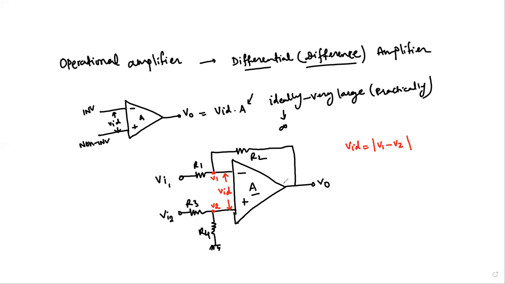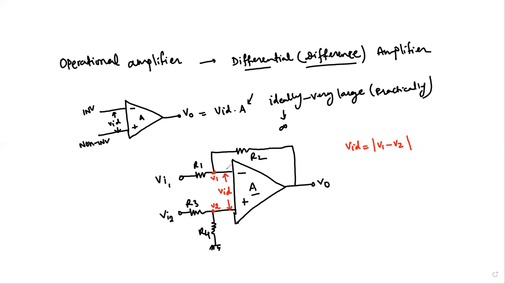It is called a difference amplifier or differential amplifier because it amplifies the difference between the node voltages that appear at these two nodes, V1 and V2, and nothing else. It should reject amplifying any other signal other than the difference between these two input terminals.